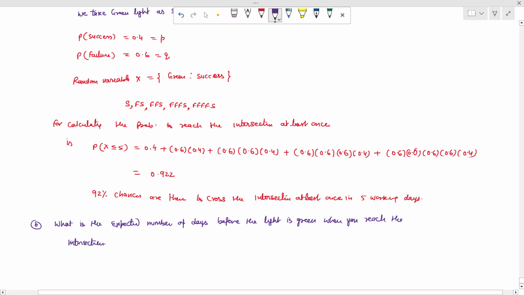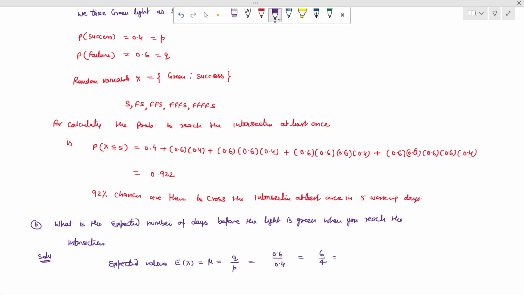So we calculate the expected value, expectation of x, or mean mu, which is equal to q upon p. This q upon p is 0.6 upon 0.4, which is 6 by 4, that is 3 by 2, so 1.5 days. So the expected time is 1.5 days. After 1.5 days, we get the green light.